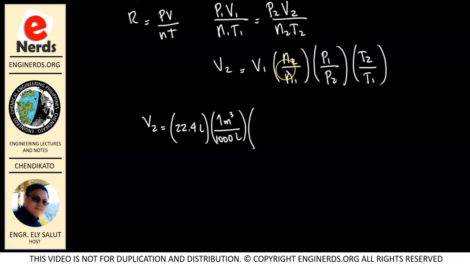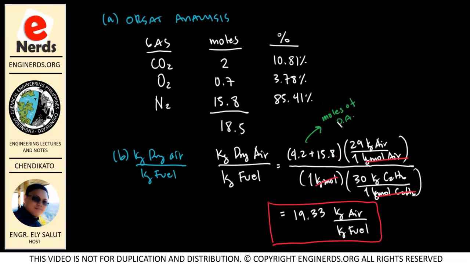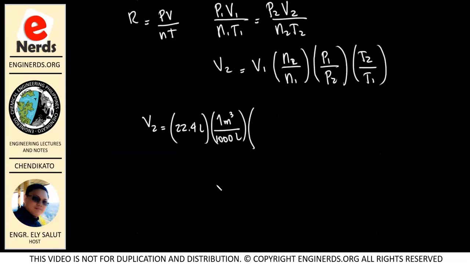Okay, and then N2, which is the number of moles of our air supplied. So we know that this is the sum of the O2 supplied and the N2 supplied. So we already used that here, the moles of dry air supplied, 4.2 plus 15.8, which is 20, right? So we will be using that here.